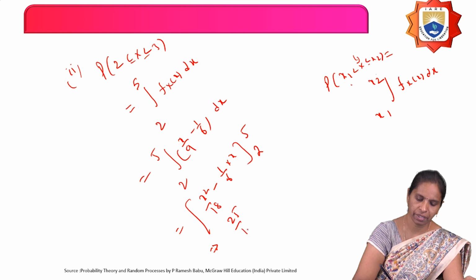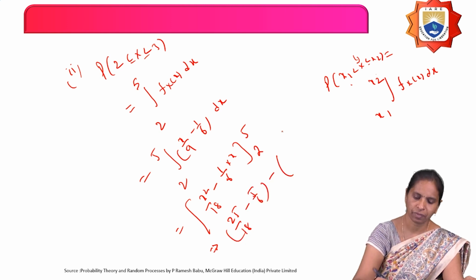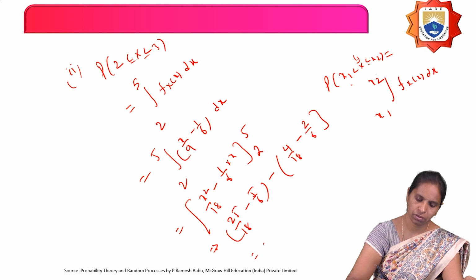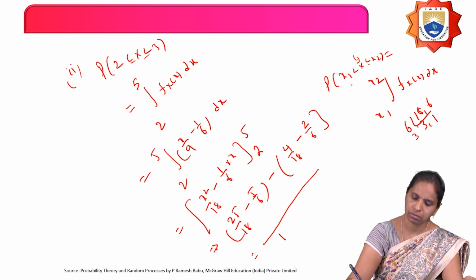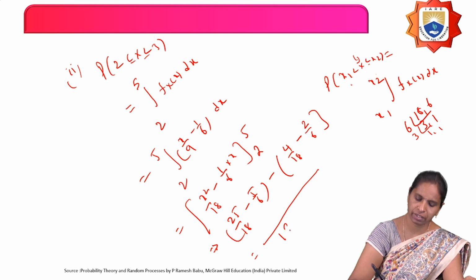So 25/18 minus 5/6, minus 4/18 minus 2/6. So if you take the LCM 18, then what is the LCM of 18 and 6? Nothing but 18. So take the LCM as 18.